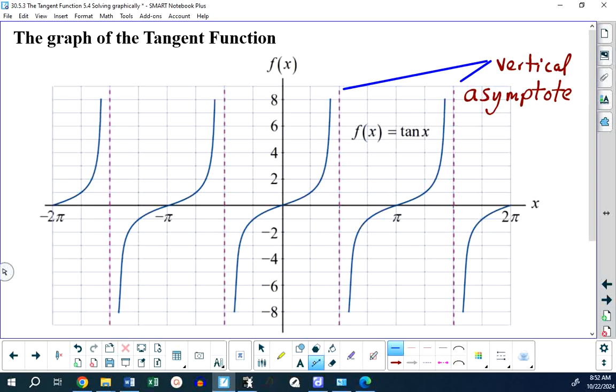So what happens is, think about this. Tangent is y over x. At 0 degrees, y is 0 and x is 1 on the unit circle. When you divide 0 by 1, you get nothing. As this rotation goes up, the y-coordinate gets bigger and the x-coordinate gets smaller.